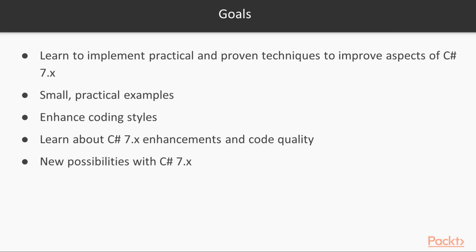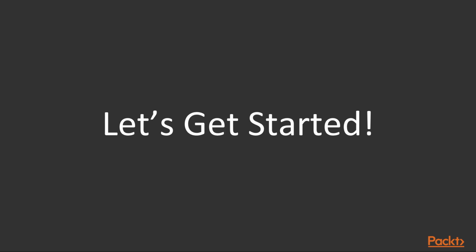You will boost your skills with information on enhancing your coding style, performance, and learn about C# 7 enhancements and code quality. This course focuses on discovering new possibilities with C# 7 that can enhance your current skill set. And by the end of this course, you will have learned some exciting tips, best practices, and techniques for C# 7. You will be able to build your own desktop applications in C# 7 much faster and with ease.